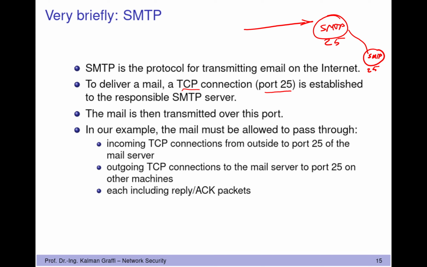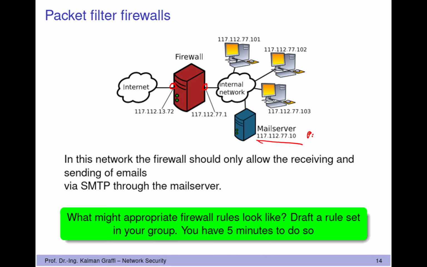Okay, so in our example, what do we have to support? Incoming TCP connections from outside to port 25 of the mail server, and outgoing TCP connections from the mail server to port 25 on other machines, each including reply and acknowledgement packets. So in our simple example, port 25 should be TCP, which also needs to be specified for which port it counts.